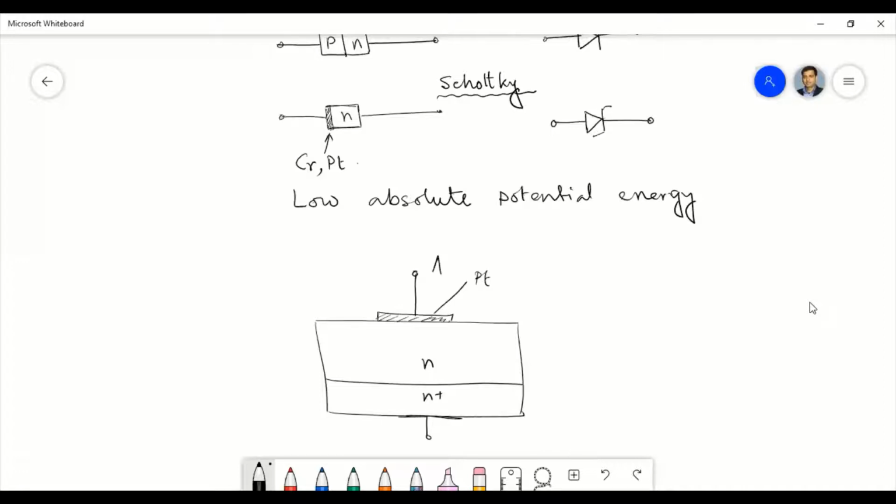Now some depletion region is formed in this. Why is this depletion region formed? Because, as the metal has a low absolute potential energy, the electrons from the N substrate go into the metal.